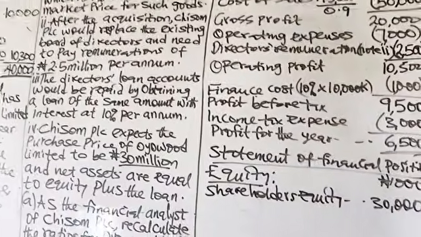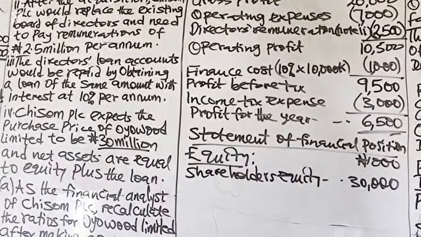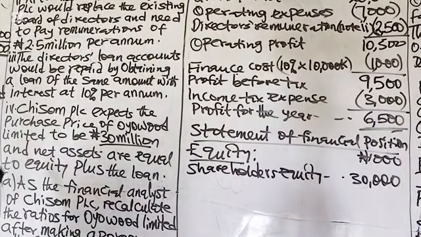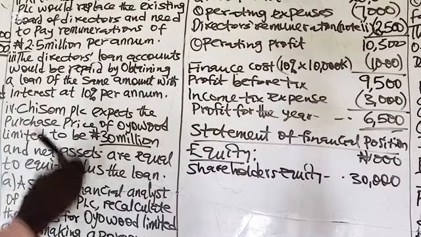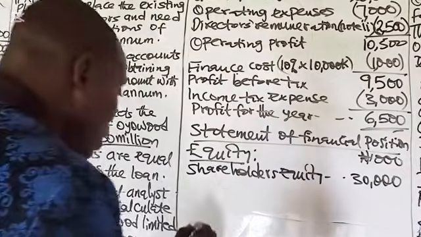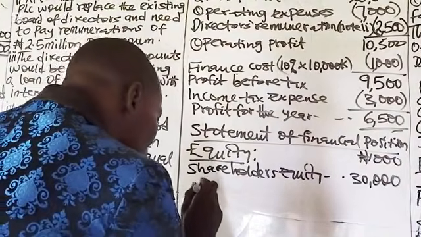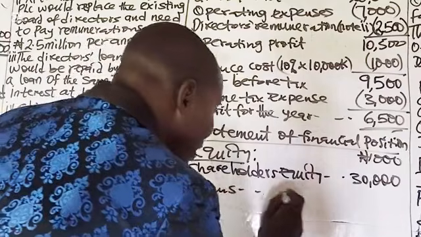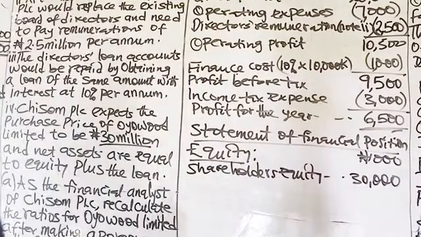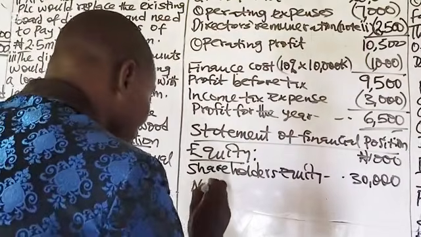Now that the shareholders' equity has been obtained, you also need the net assets. You were told that net assets are equal to equity plus the loans, which are the 10% loan notes, not current liabilities.